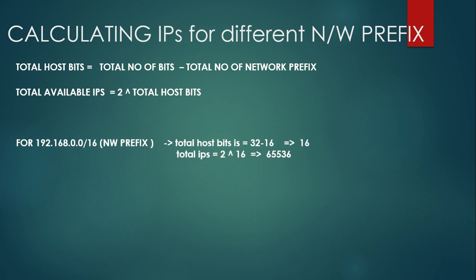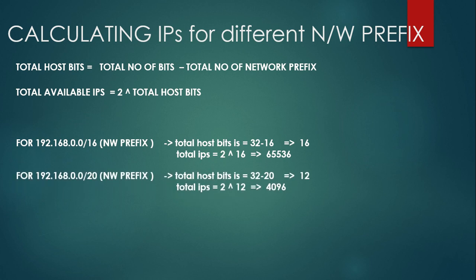We already calculated it for the /16 series. Now I'm going to find the total IP addresses for 192.168.0.0/20. Here the total host bits is 32 minus the network bits 20, so the host bits is 12.